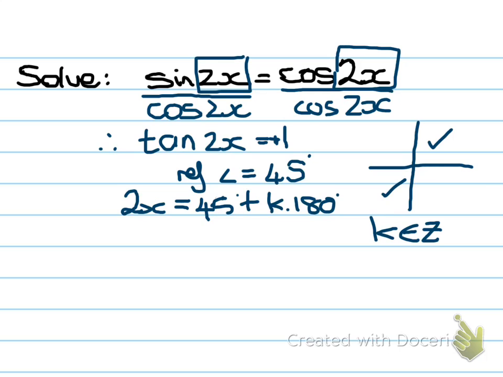It means that we don't need to then go 2x equals 180 plus the reference angle. All right, last step, divide by 2. 45 divided by 2 is 22.5 degrees. And don't forget to divide the 180. Obviously, if I drew tan 2x, the period would be 90 instead of 180, hence the 90 over there.